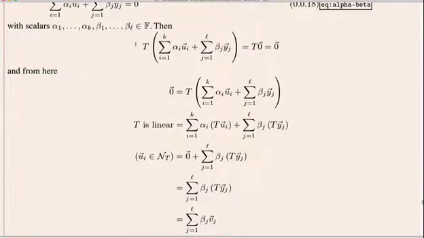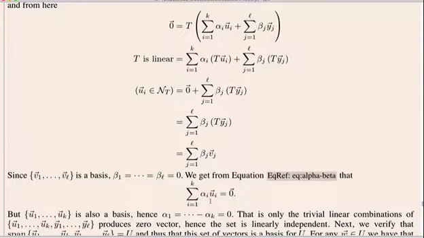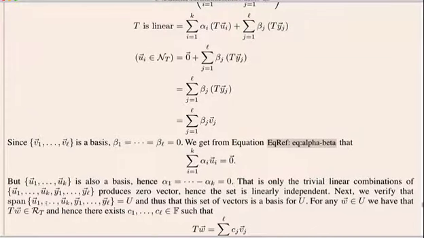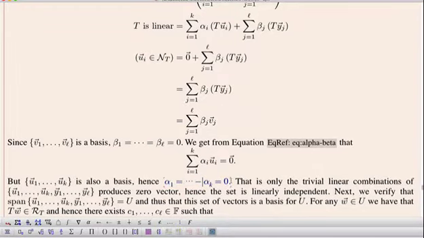That means the first part, the sum of alpha_i u_i as i goes from 1 to k, must be the zero vector. But the u's also form a basis. Hence the only way for this to be true is that all the alphas are zeros.